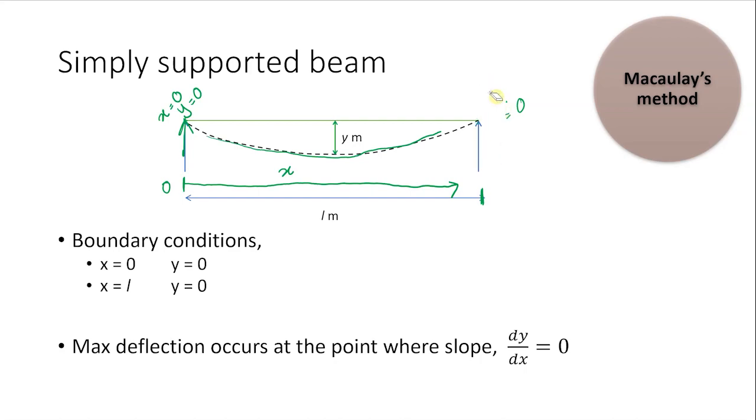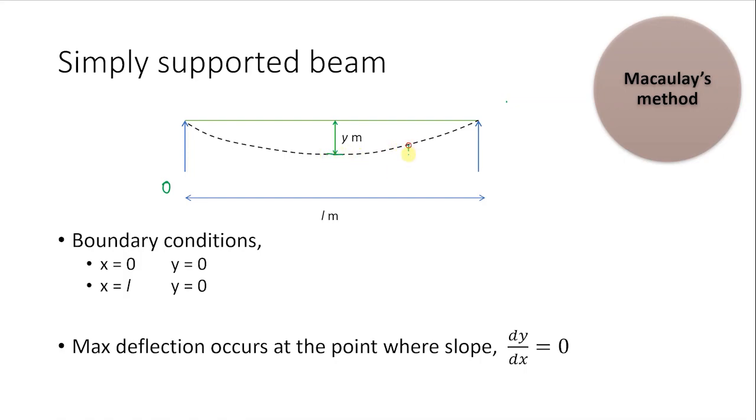And maximum deflection occurs where the slope dy over dx is equal to 0. What does it mean? In this picture, as you can see, for example maximum deflection happens here, where the beam goes straight. So there is no slope.